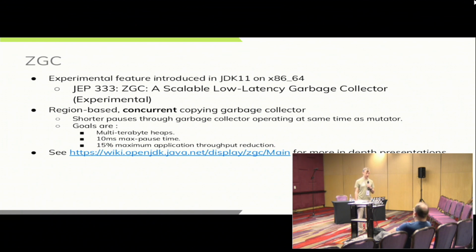The goal is multi-terabyte heaps, but have a pause time for garbage collection in the order of about 10 milliseconds or less, with at most a 15% reduction in throughput. If you want to know in more detail what I'm going to explain, have a look at the ZGC wiki. They have several presentations that go into more detail over a longer time into how it actually operates.